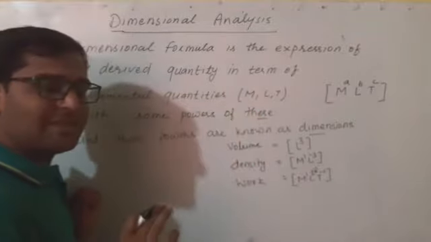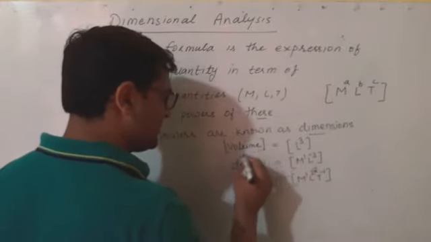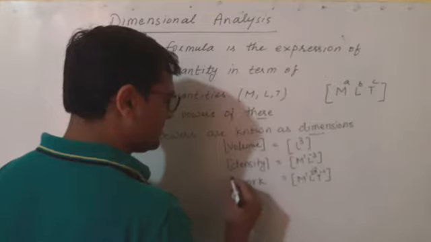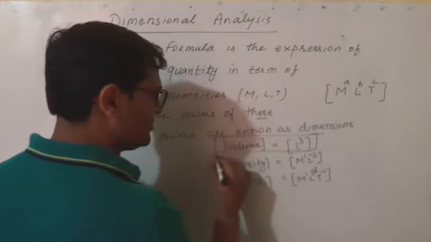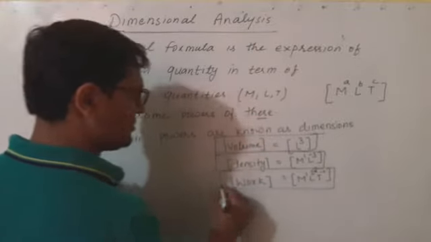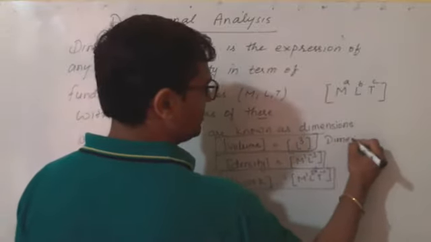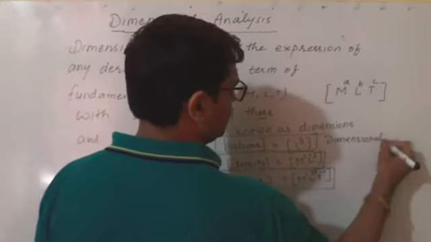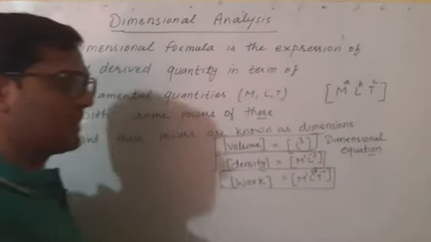These represent dimension formulas, but if I write the left hand side in square brackets, then it becomes a dimensional equation. These are dimensional equations. Okay.